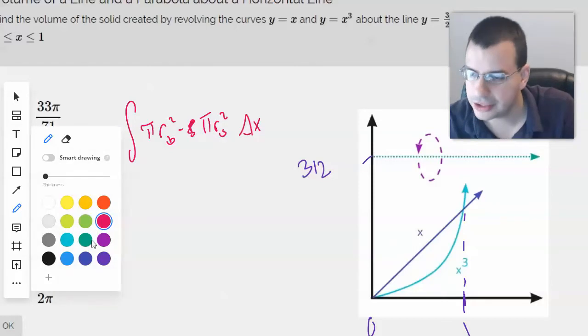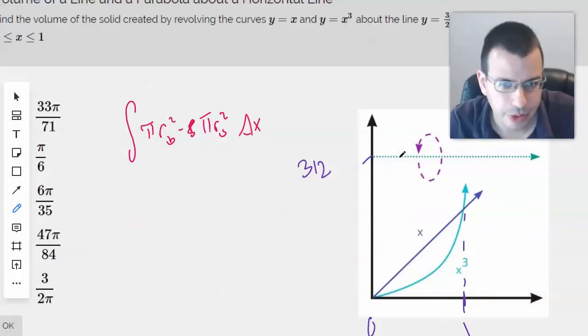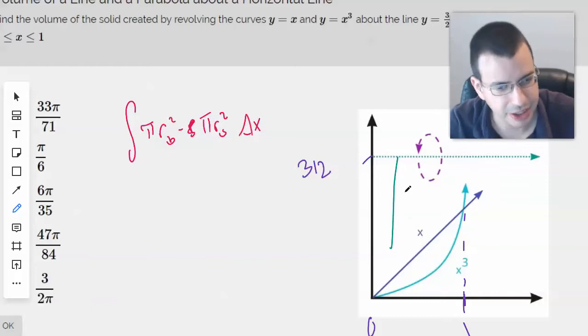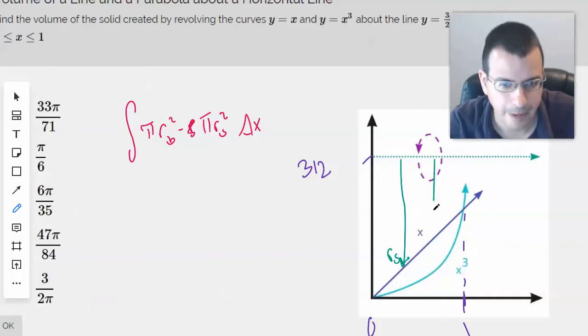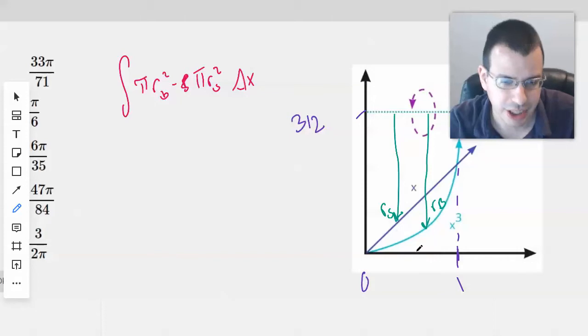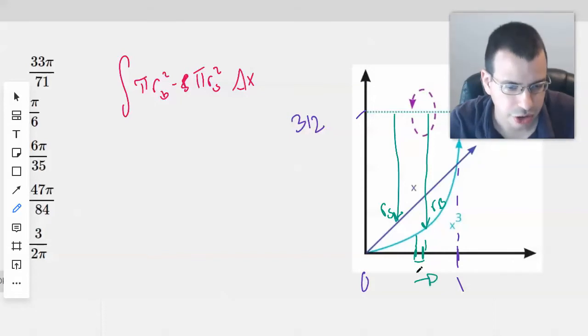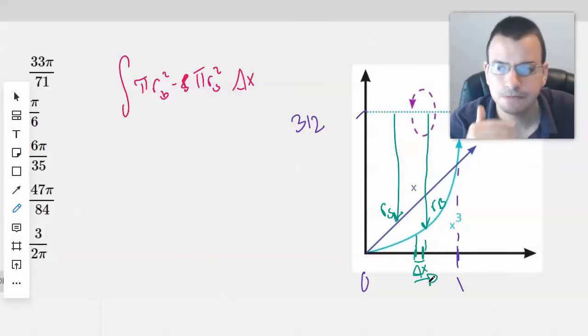So to draw this out, this will be r small, and this right here will be r big, and the delta x's that we're taking will be along this direction right here, delta x.